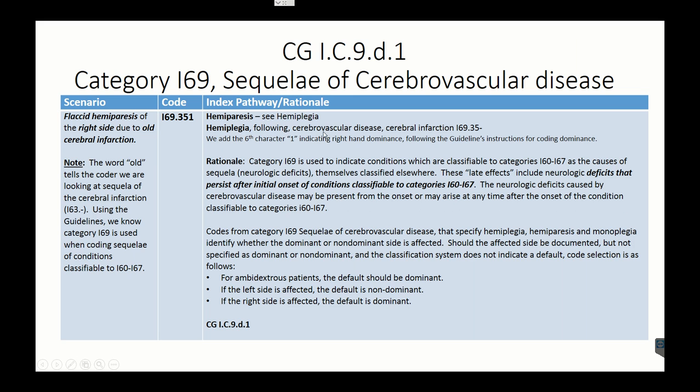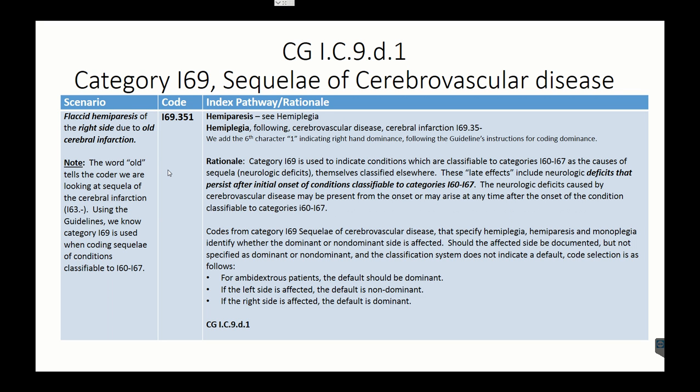So the hemiplegia following cerebrovascular disease, cerebral infarction, is the I-69.35. We picked the 1 here because it's the right-sided dominance, and I will get to that in a minute. The rationale: category I-69 is used to indicate conditions classifiable to categories I-60 to I-67 as the causes of sequelae, the neurological deficits themselves classified elsewhere.